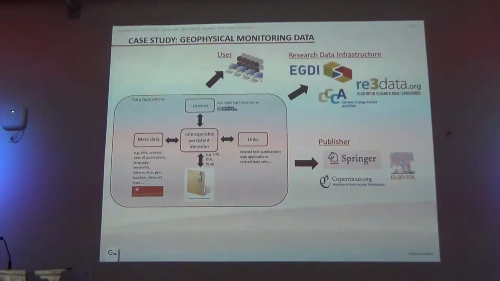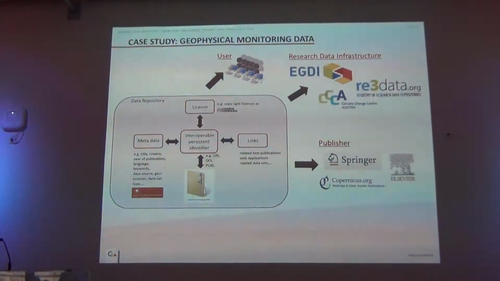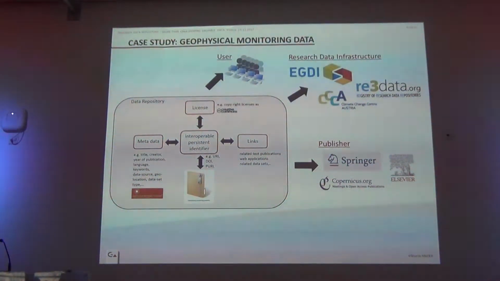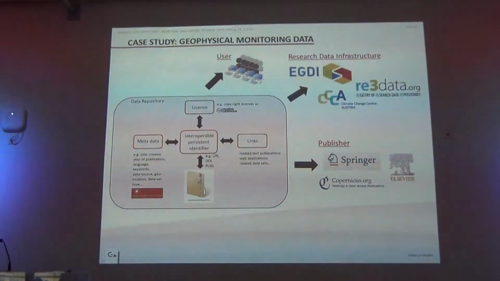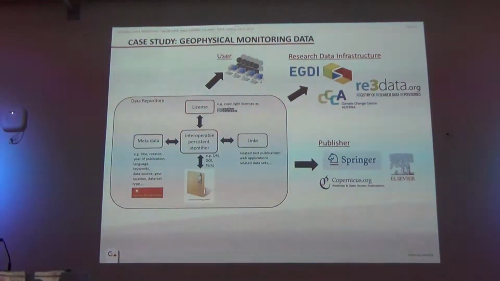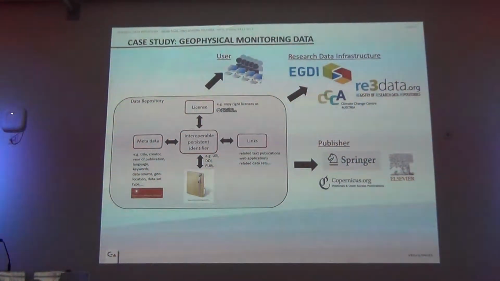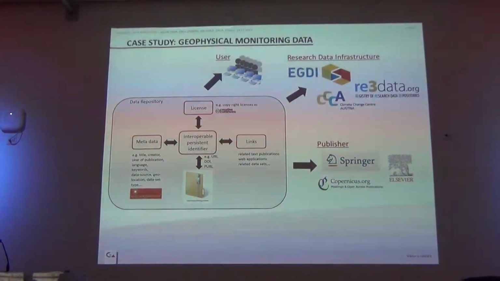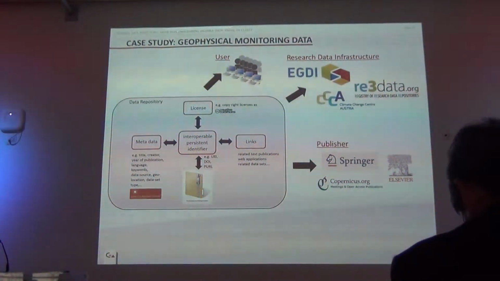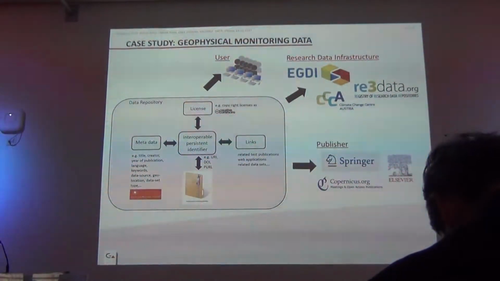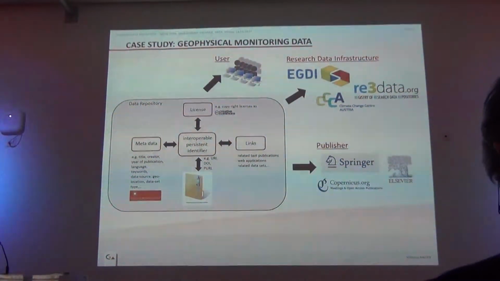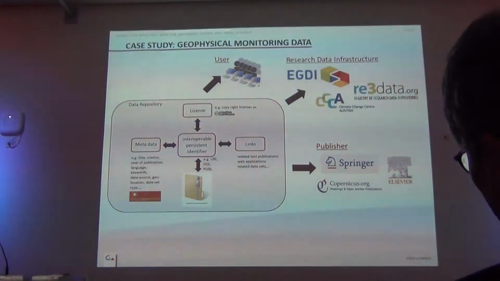And the published research data are also interesting for research data infrastructures, for example the European Geological Data Infrastructure. You would harvest the metadata from all available research data repositories, and put all the information from around all of Europe together, to make the data findable and to use it together.